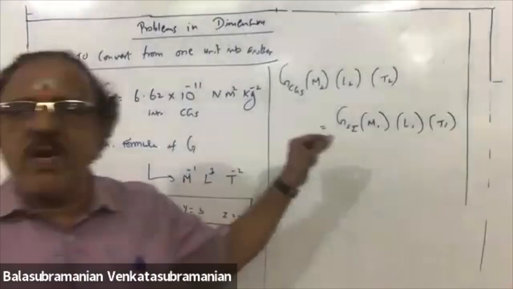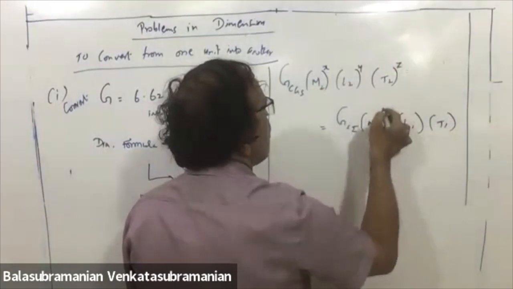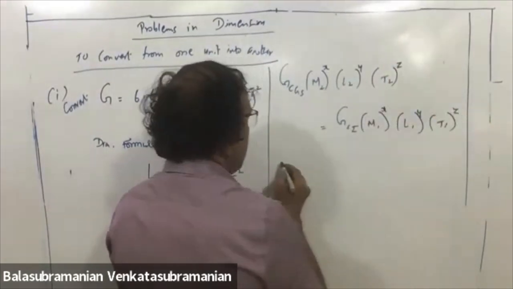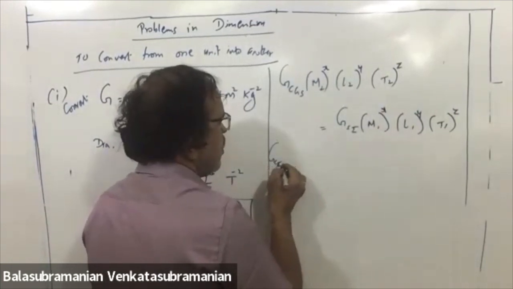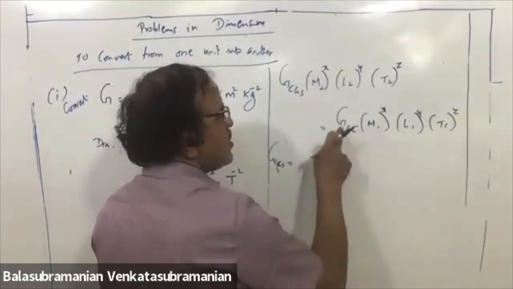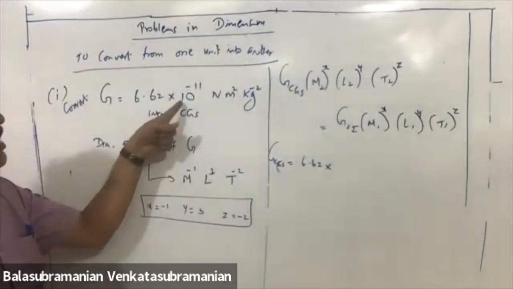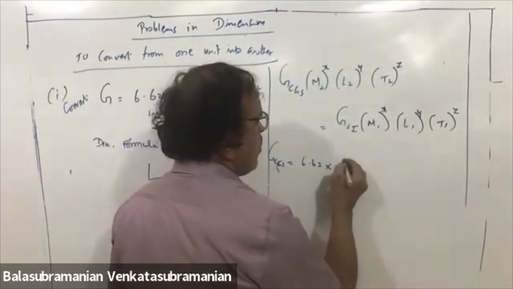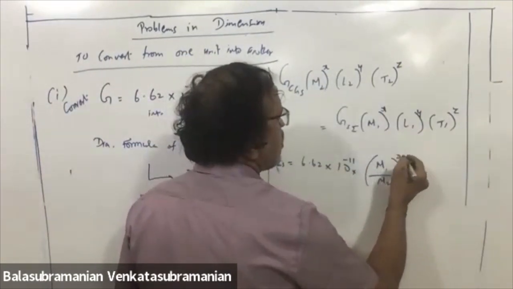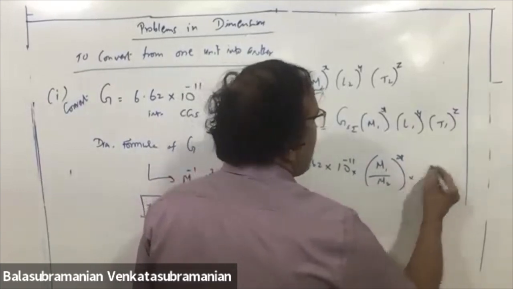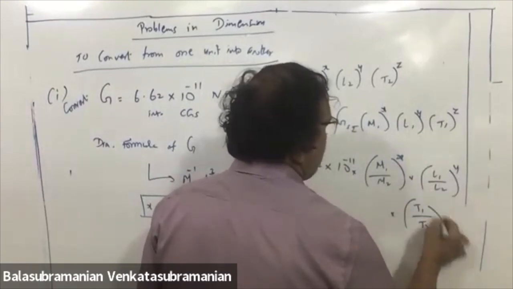Power X, power Y, power Z. So I can write G CGS, take this to the right hand side, G SI, what is the value? 6.62 into 10 power minus 11 into M1 by M2 power X, L1 by L2 power Y, T1 by T2 power Z.